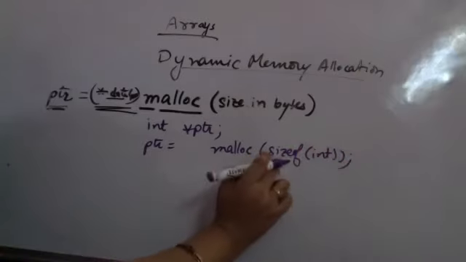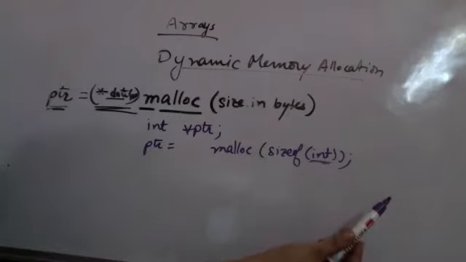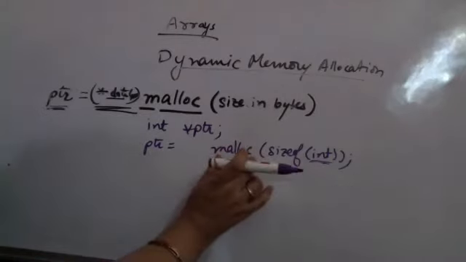Size of is a function that returns the size of whatever is there in the parenthesis. That integer is having 4 byte on 32 bit or 8 byte on 64 bit or 2 bytes on a 16 bit compiler. Accordingly this will be calculated. That much memory will be allocated.